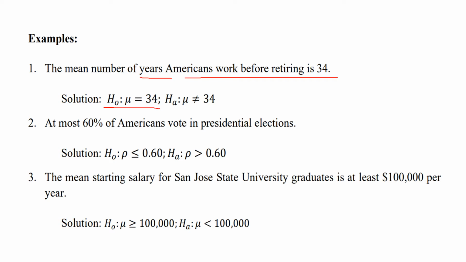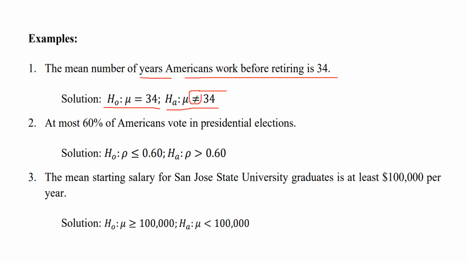So we simply use not equal to, because we don't know if your population mean mu is less than or greater than 34. That's why your alternative hypothesis will represent that there is no equality between your population mean and your parameter. We simply use not equal to because we don't know if your population mean will fall before or after 34.